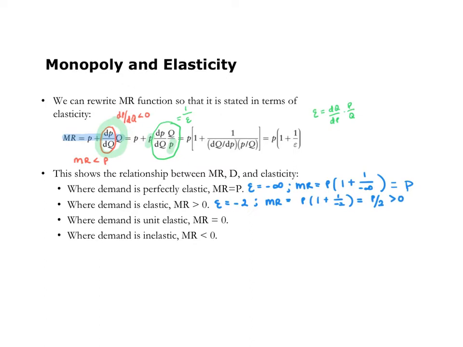Mathematically, where demand is elastic, marginal revenue is positive. When demand is unit elastic, epsilon is minus 1, so marginal revenue is going to be 0. Lastly, when demand is inelastic, for example, if elasticity is minus 1/2, then marginal revenue will be negative.